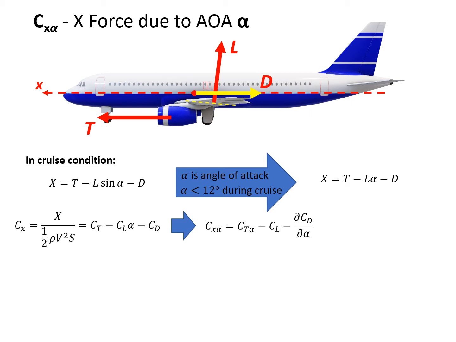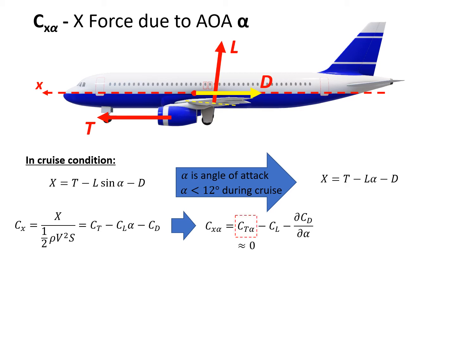So we have Cx alpha, which essentially is partial Cx partial alpha, because alpha is dimensionless, in radians. And the denominator is essentially the same. On the right hand side we have Ct alpha minus Cl, because alpha is divided out, and minus partial Cd partial alpha.